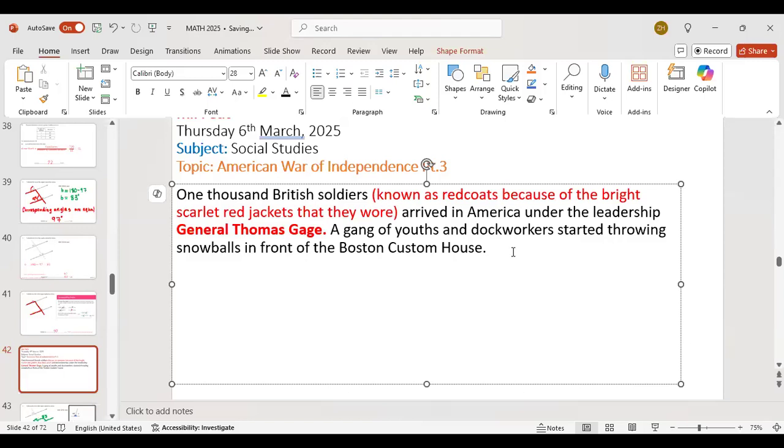But then the soldiers showed up. A squad of soldiers showed up.